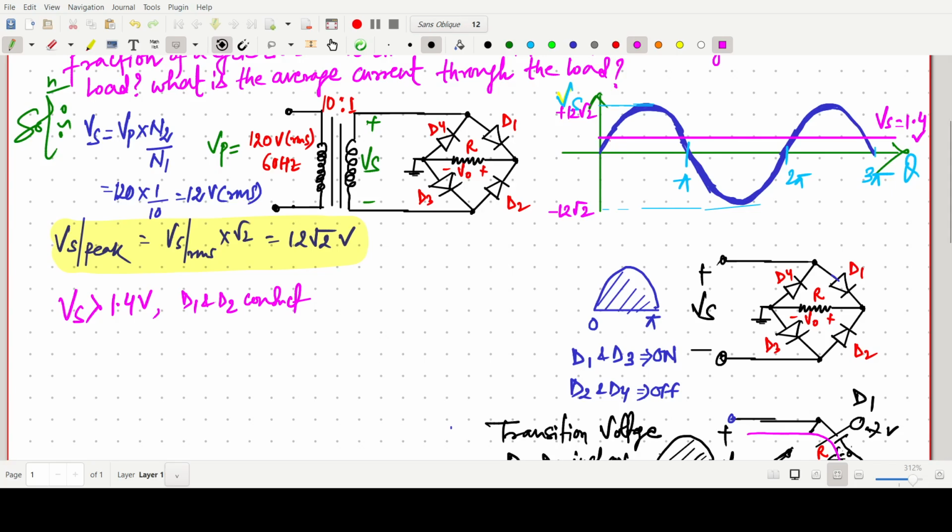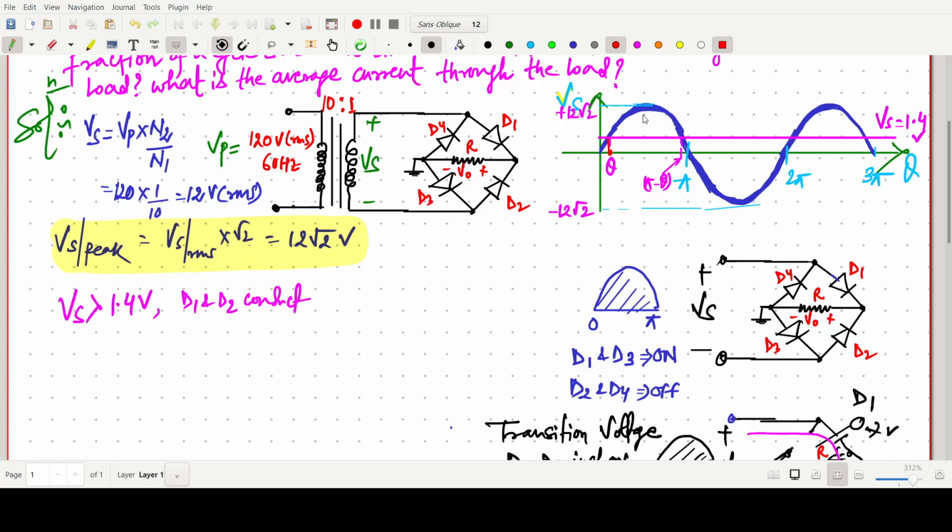During that time, this point is theta, and this point is pi minus theta, and at these points the output will be 0.